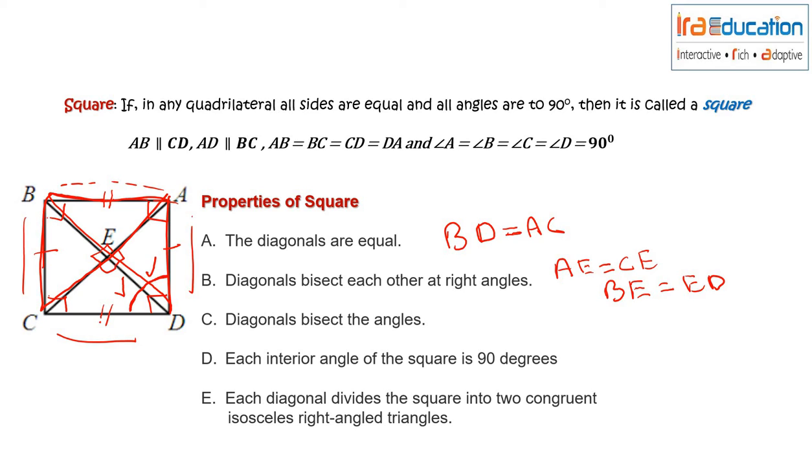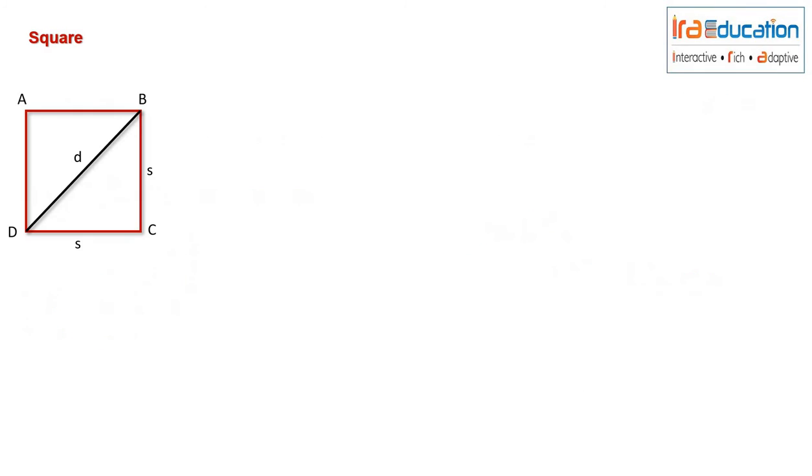These are the properties. Now let us look at how we find the area of a square. For a square, we know that all sides are equal, and in this example I have taken the length of each side as S and the diagonal as D. We know that the area of any polygon is base times height.